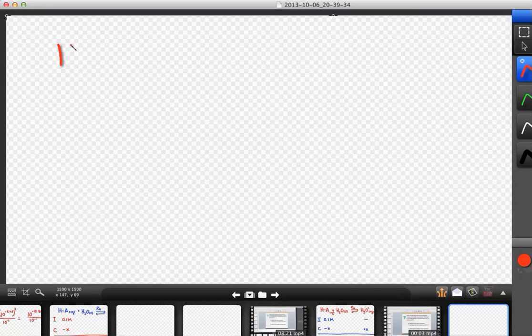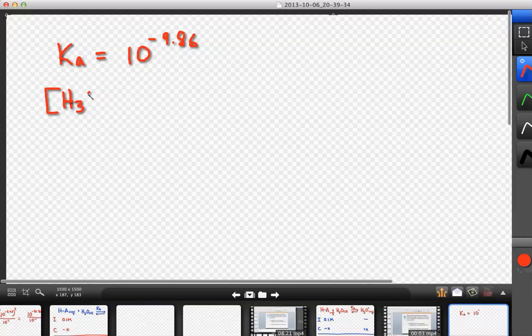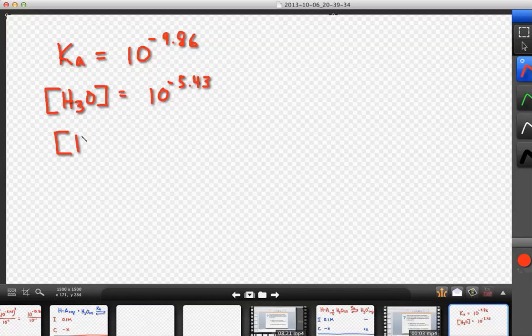We know our Ka is equal to 10 to the minus 9.86. We know that our concentration of hydronium is equal to 10 to the minus 5.43, and we know that the concentration of our original undissociated acid was 10 to the minus 1 molar. And of course, hydronium ion concentration is also given in terms of molarity.